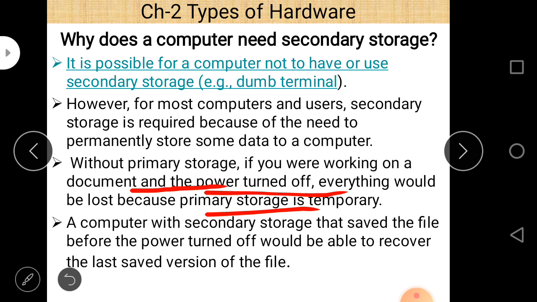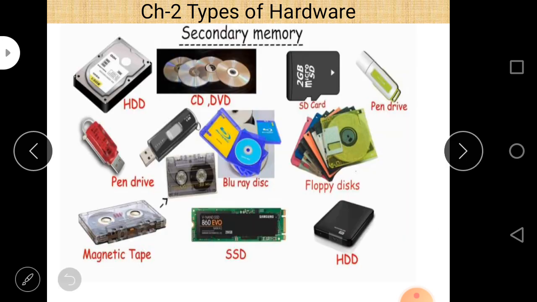In this lecture we discussed CD, DVD, Blu-ray disc, hard disk, and floppy disk. In our next lecture we will discuss SD card, pen drive, and magnetic tape.